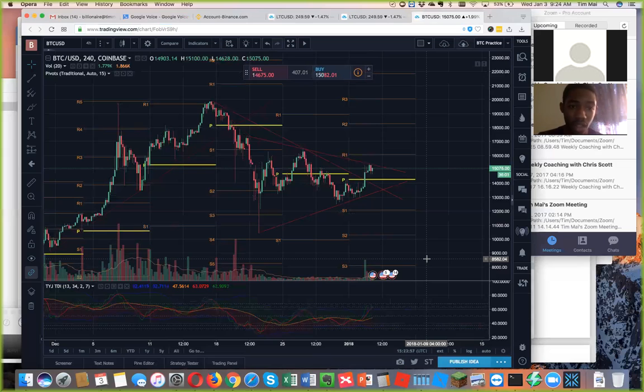If that happens, it's going to end up being a strong trend back to the downside. You see, price has been there before, and look what happened last time. It went from 16,000 almost down to like 12,000. And look at this, this was the support line here. It does have to break out of this to really go up.